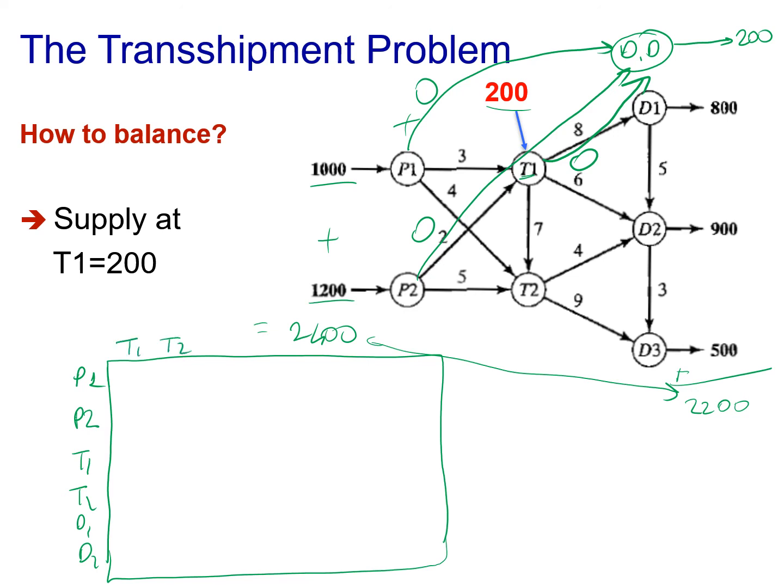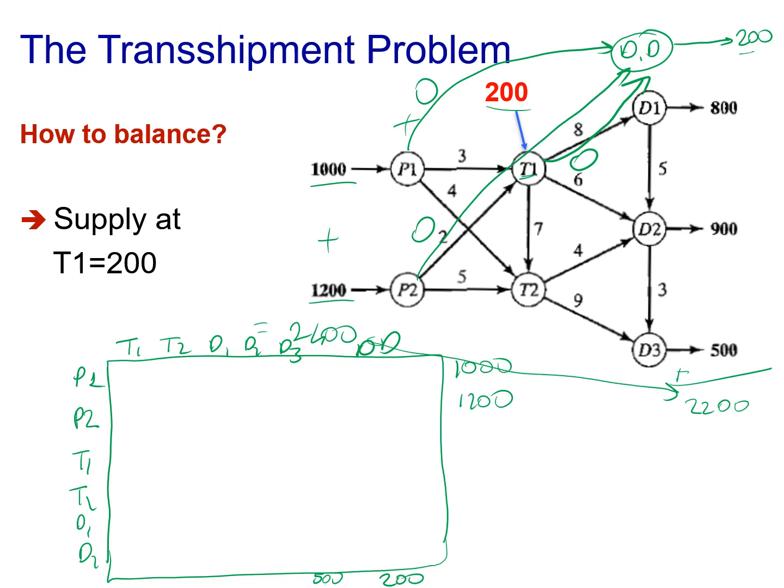T1, T2, D1, D2, D3 and also this dummy demand point. This dummy demand point is actually a pure demand point, and we write 200 for the dummy demand. And for D3, it is a pure demand point, it's 500. P1 is pure supply, P2 is pure supply.